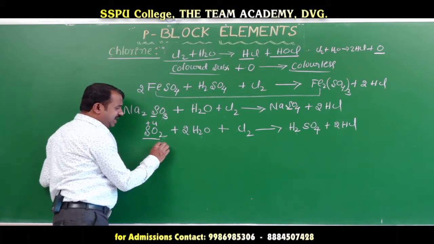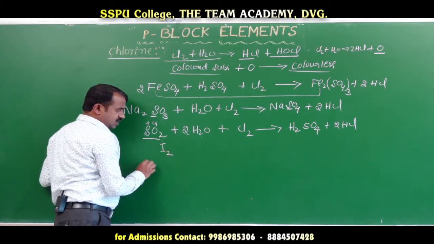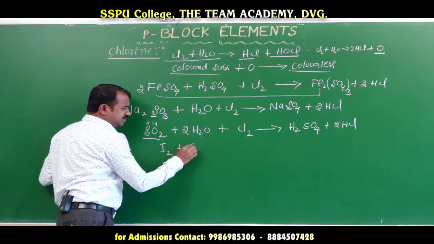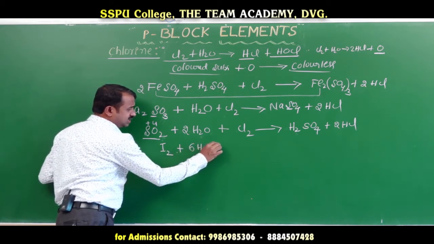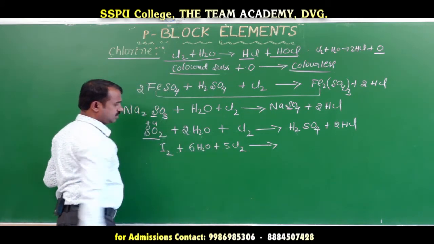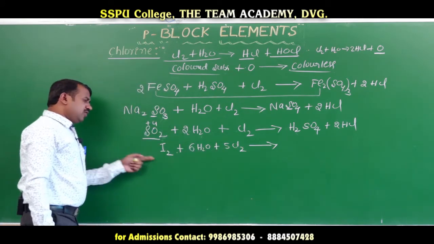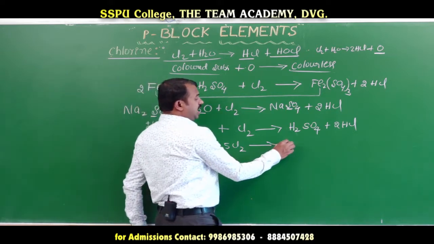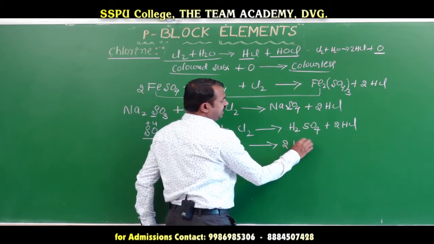Or take iodine. Iodine reacts with 6 molecules of water and 5 molecules of chlorine. Iodine is converted to iodic acid, 2HIO3.